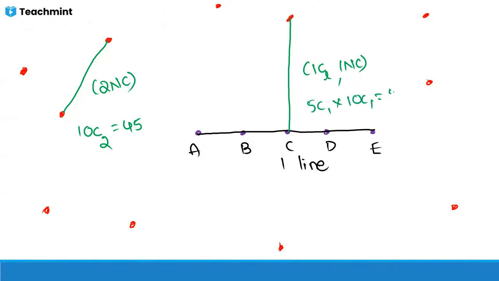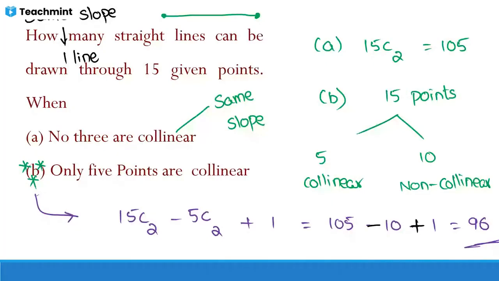That means 50. 45 here, 50 here, and all 5 collinear points make one line. That is what 96 is. My dear friends, you observed 96 previously: 45 are this, 50 are this, 1 is this. See, that's how you got 96.